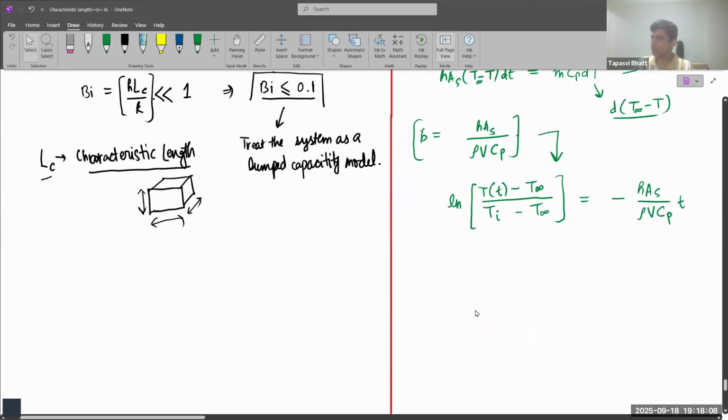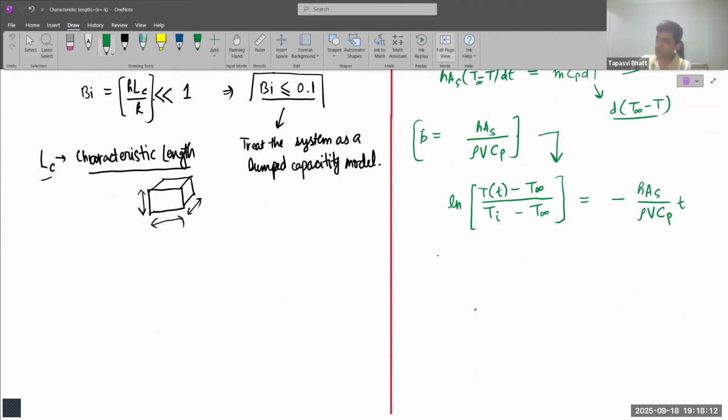And if you raise everything to the power of e, you're going to get T minus T infinity over Ti minus T infinity equals e to the power minus bt.